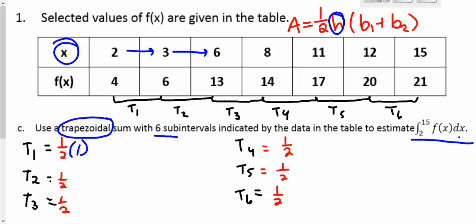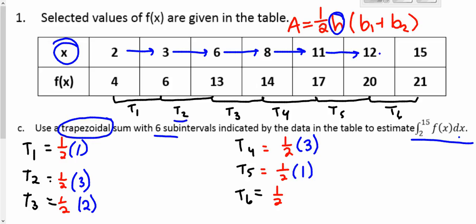From 3 to 6, T2, that height is 3. From 6 to 8, that height is 2. From 8 to 11, that height is 3. From 11 to 12, that height is 1. And 12 to 15, that height is 3 again. So we're halfway through with most of our formulas.